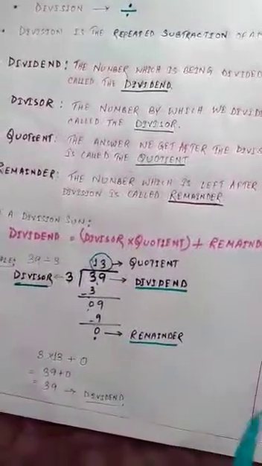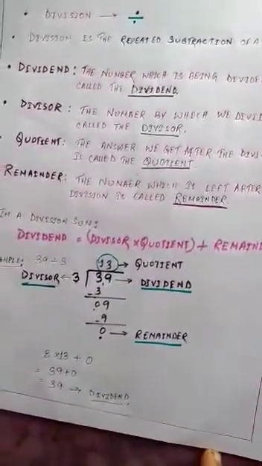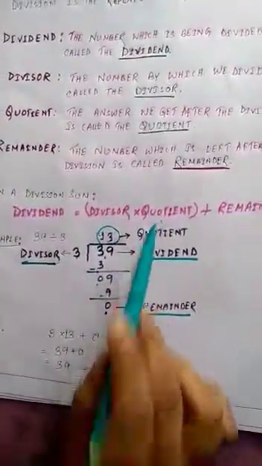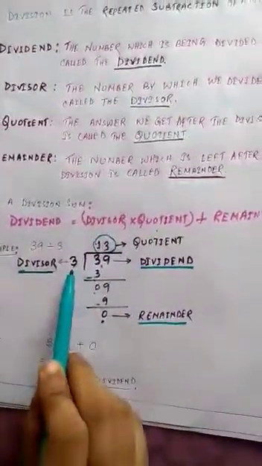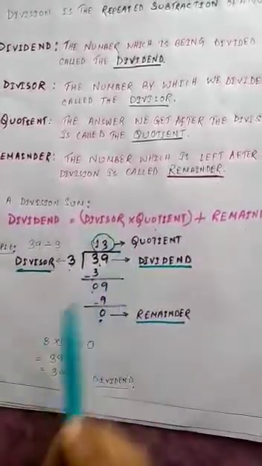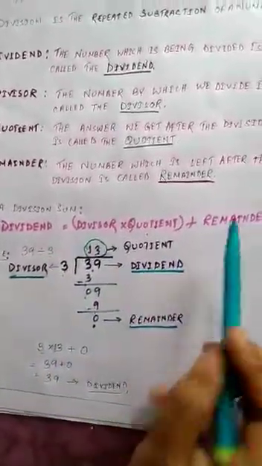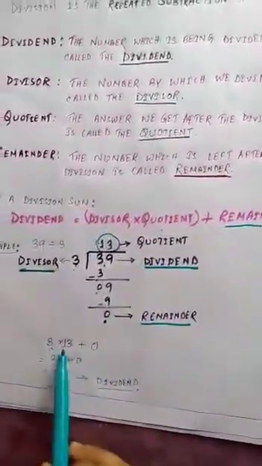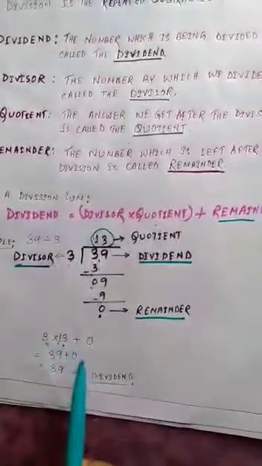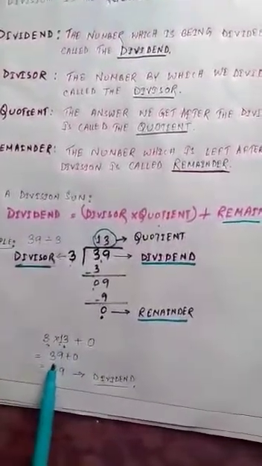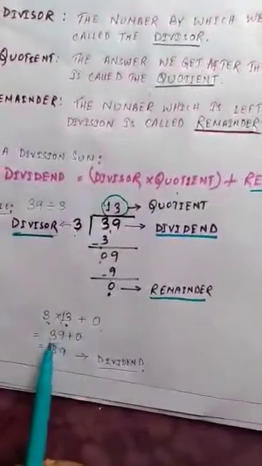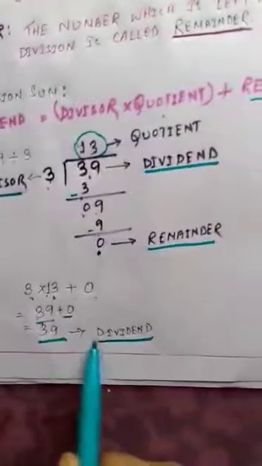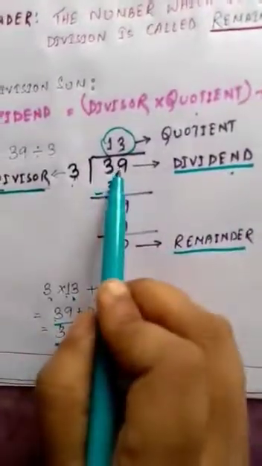Okay students, now how will we check whether this sum is correct or not? Divisor into quotient plus remainder: the divisor is 3 and the quotient is 13, so 3 into 13 plus 0. 3 into 13 is 39, 3 threes are 9, 3 ones are 3, and 39 plus 0 is 39. This is the same as the dividend, 39.